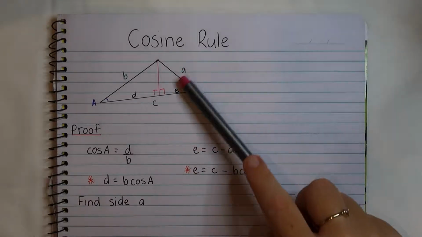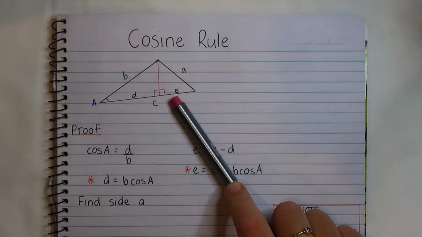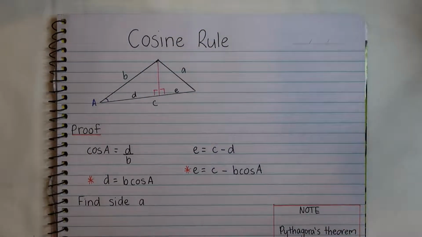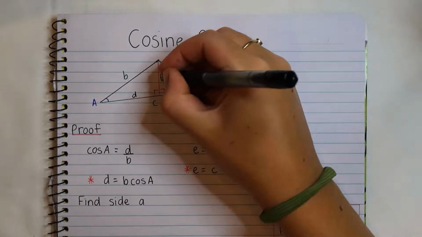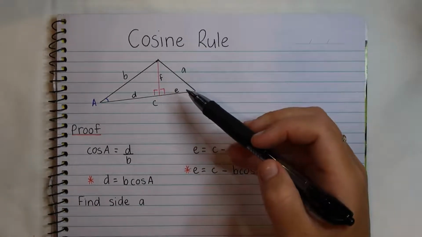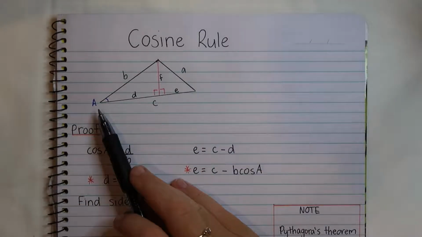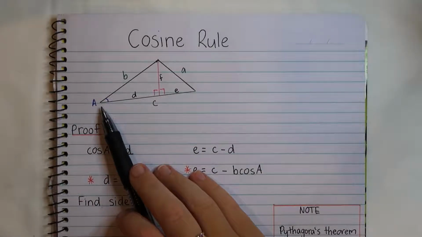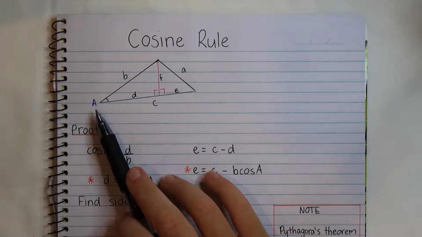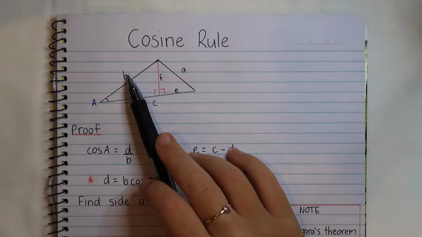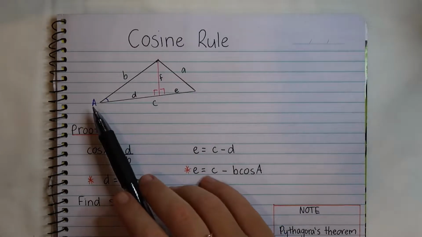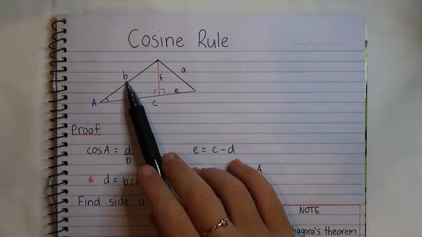Okay, so looking at our original triangle, let's call this side F. So F is opposite to angle A. We already have B and we already know C. So what relationship gives us F over B?